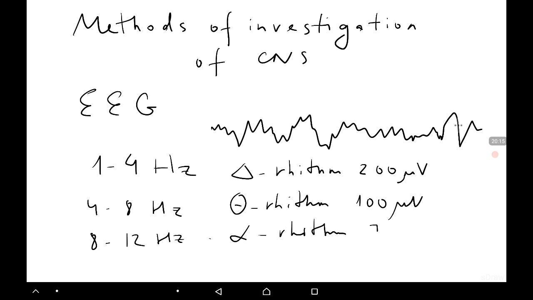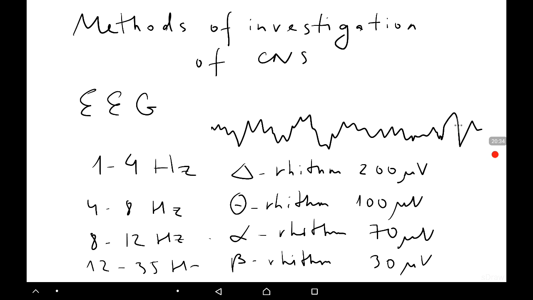about 70 microvolts, and about 30 microvolts is beta rhythm, which is from 12 to 35 Hertz.